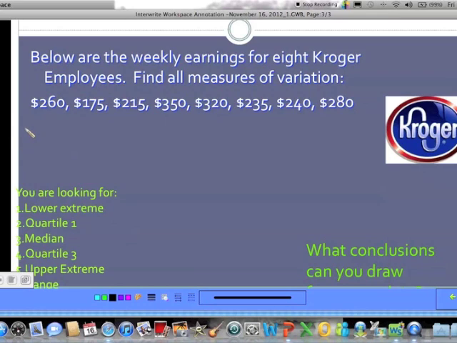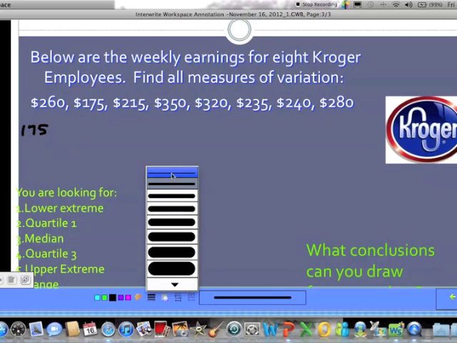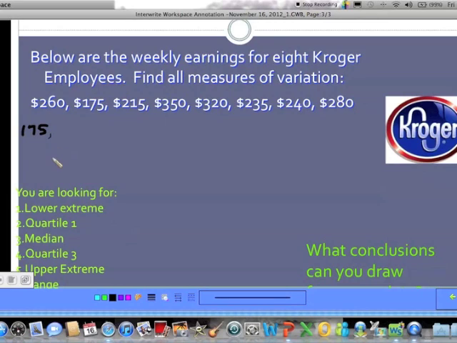So first we have 175. Let me make my pen smaller so I can write on here. 175. Then we have 215. And what I like to do is after I've used them, I mark them off so I know I've already used it.